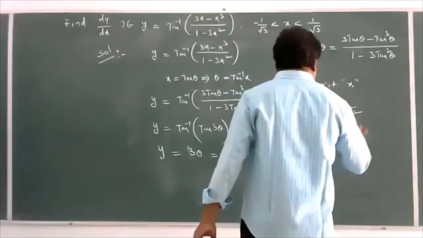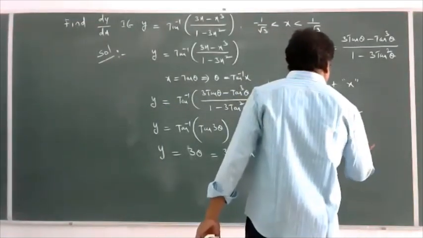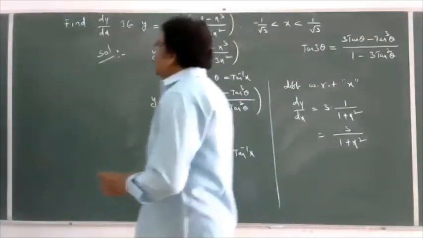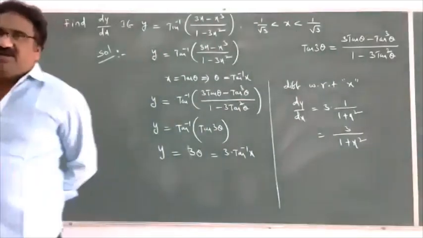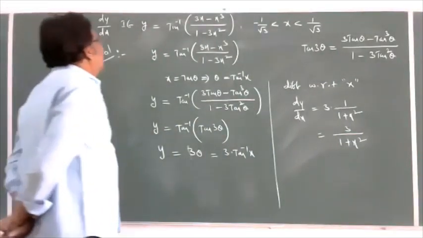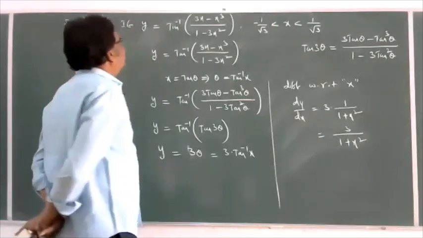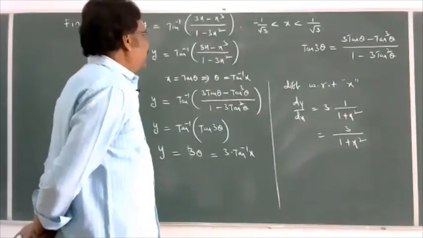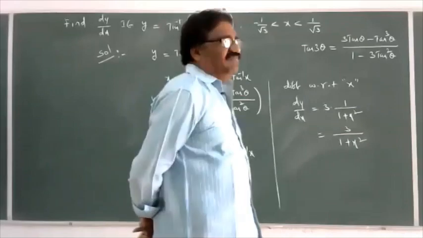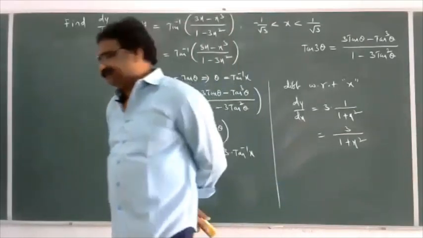Therefore the answer is 3 by 1 plus x square. Therefore the derivative of tan inverse of 3x minus x cube by 1 minus 3x square is 3 by 1 plus x square.